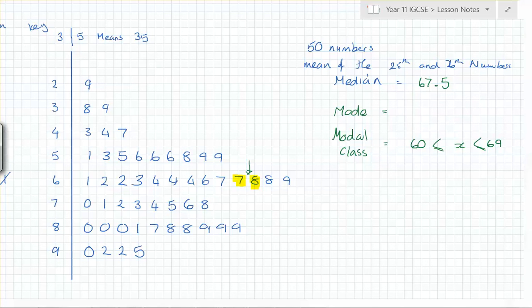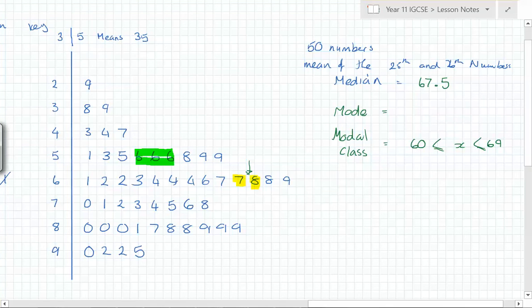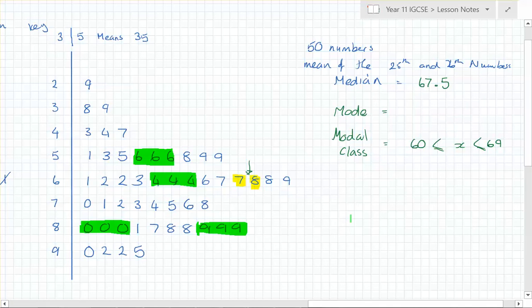So what would you say the modes could be? 56. 56, 64, 80, and 89. Yeah. There are 4 different modes in this case. Which would lead us to state something on an analysis sense that actually the mode is not worth looking at, is it? If you've got 4 different modes spread out through the data like that.